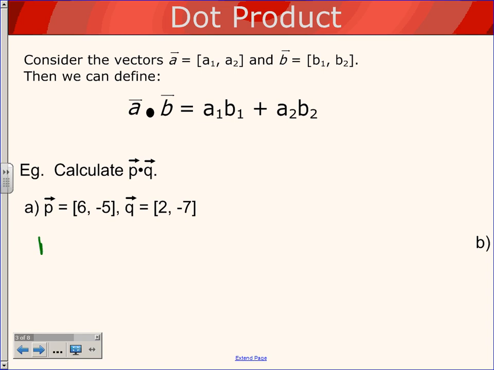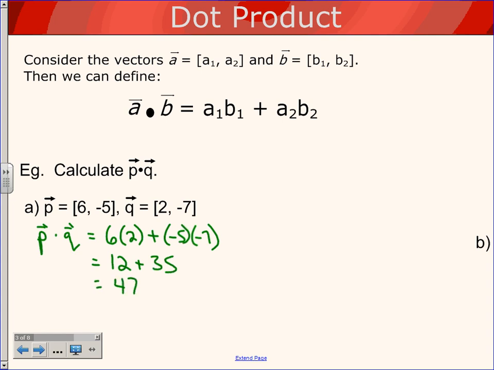So here, if we're going to try and calculate p dot q, the way we did it was we took the first component times the first component of the second vector and added that to the product of those second components. So that would give us 12 plus 35, so 47. And remember, that wasn't particularly exciting, but nonetheless, that's the calculation.